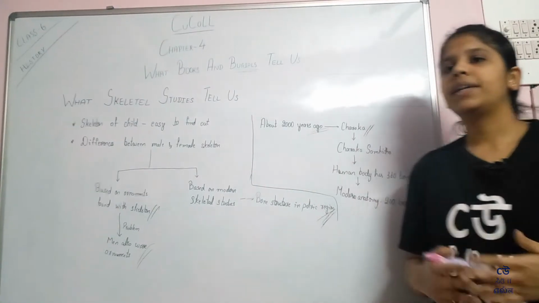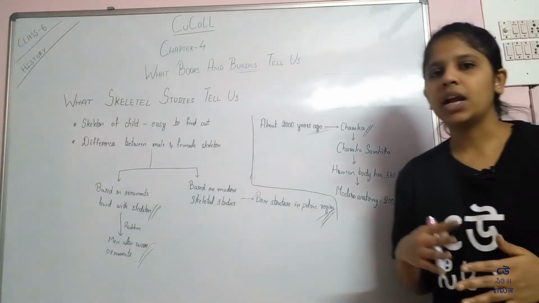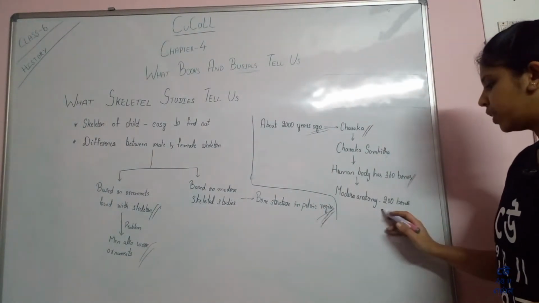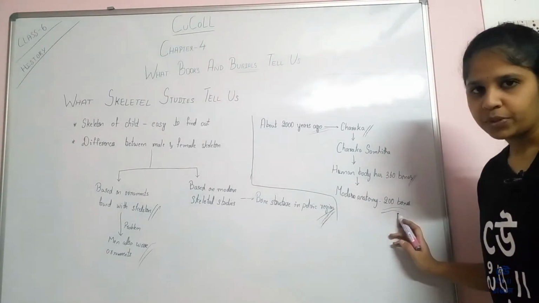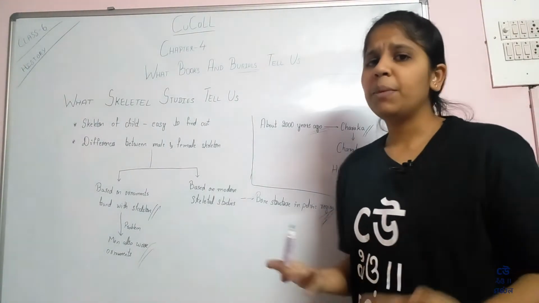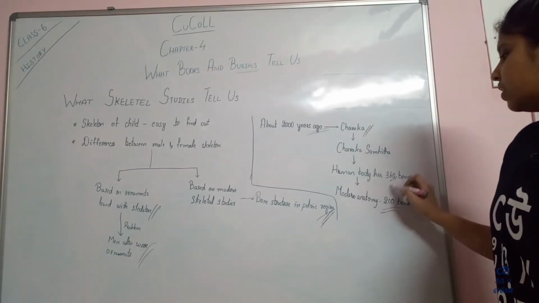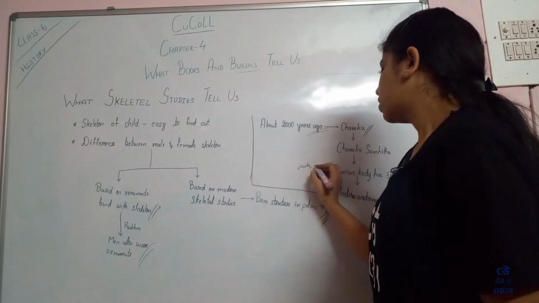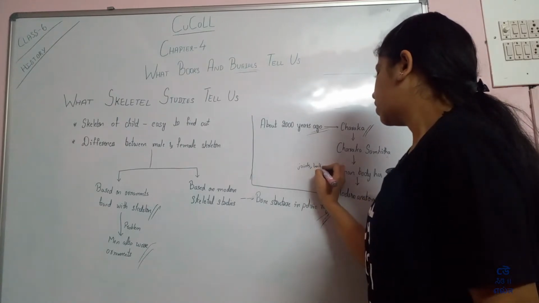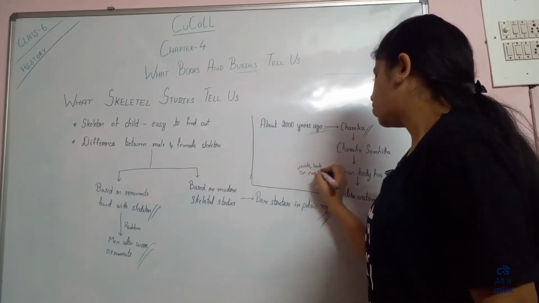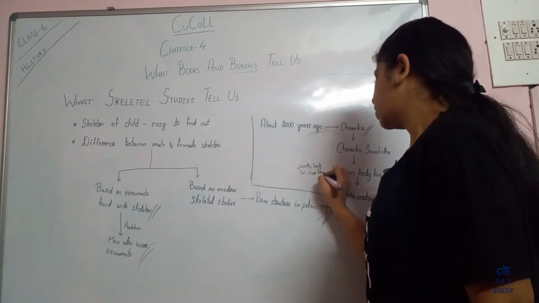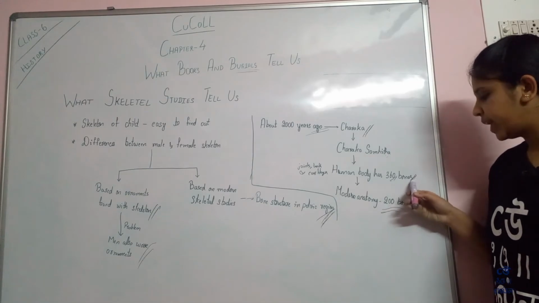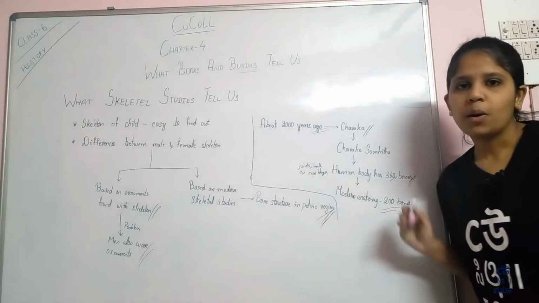But according to modern anatomy, the human body has 200 bones. So maybe Charaka included joints, teeth, and cartilages also. That is why he stated that the human body has 360 bones.